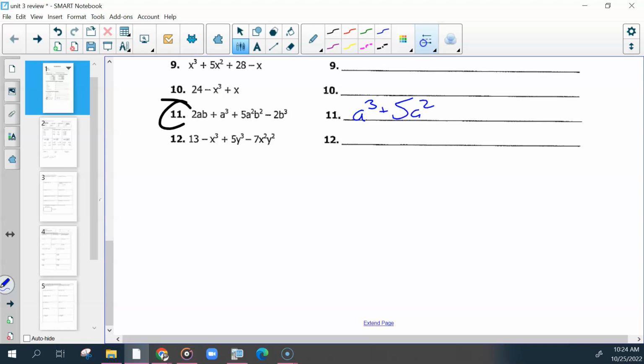So 5a squared b squared, plus 2ab. And then our last one, that minus 2b to the third. So we have to get rid of all of our A's first, the A's with the B's, and then once there are no more A's, then we can move on to B.